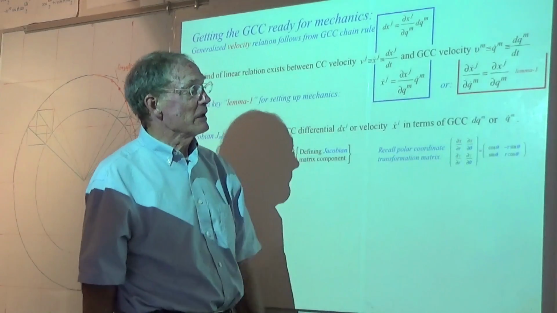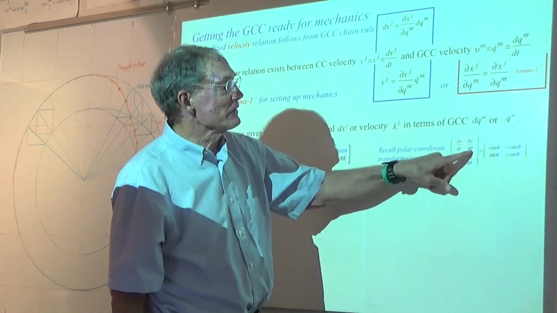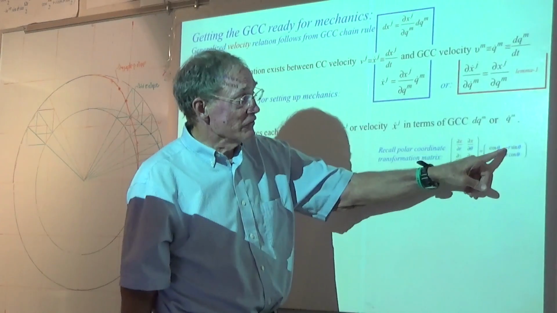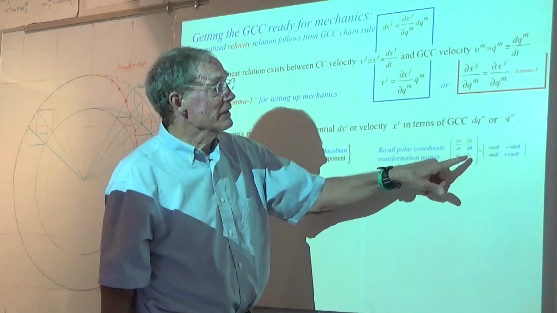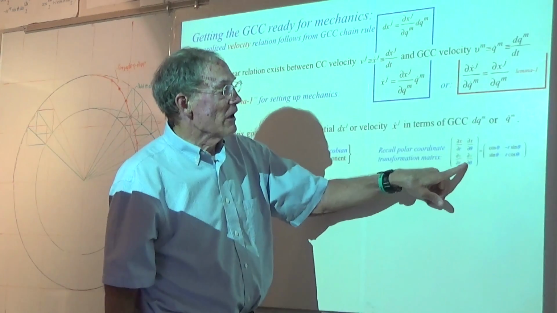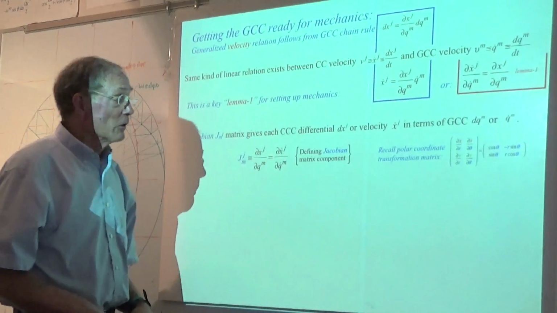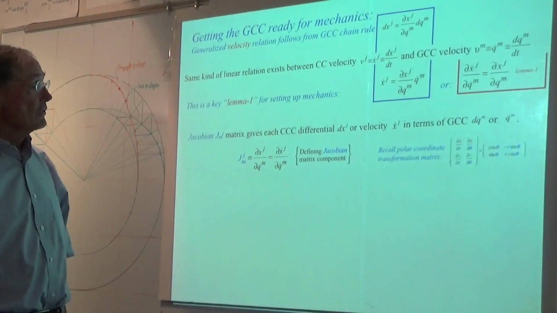Partial of x with respect to r is cosine theta. Partial of x with respect to theta, we have to differentiate the cosine and make the sine with a minus sign, leaving the r there. Then y with respect to r and y with respect to theta are that. So far so good for the Jacobian.